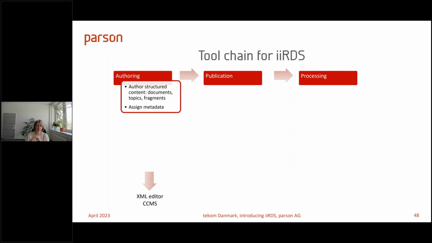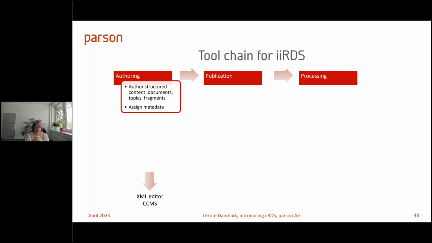The first is the authoring phase. To get smart content, you need to author in a structured way. So you need to assign metadata to documents, but actually smart content needs topics and fragments which are structured in a specific way and which have metadata assigned.